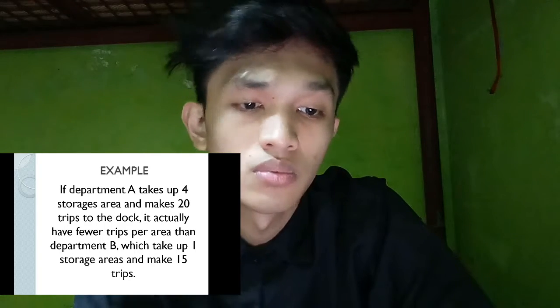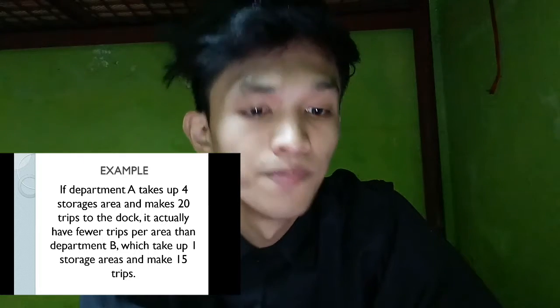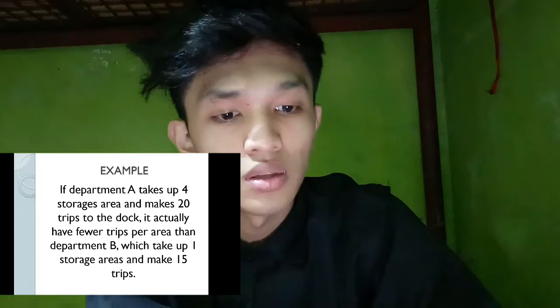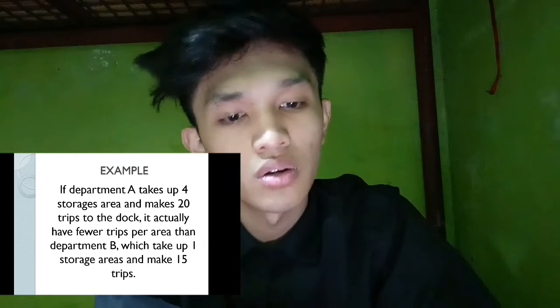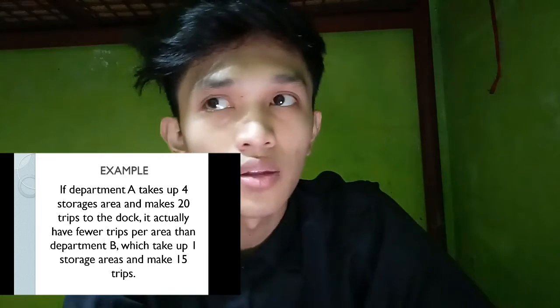So, divide mo yung 20 by 4, that would be only 5 trips per storage. Then Department B only takes one storage area and has 15 trips. So mangyayari doon, mauuna yung storage B na may 15 trips dahil one area lang yung nasakop niya.